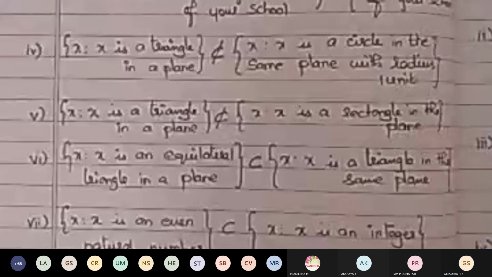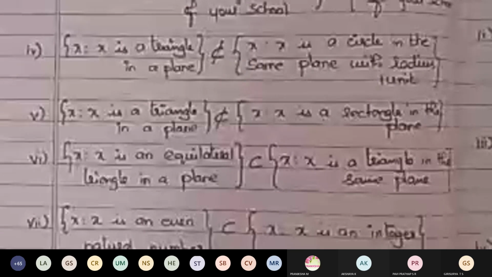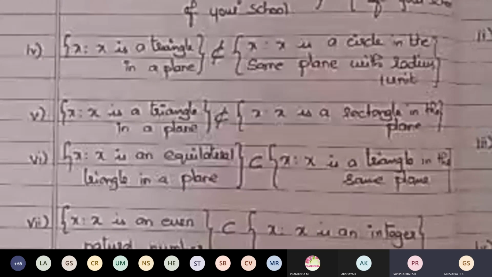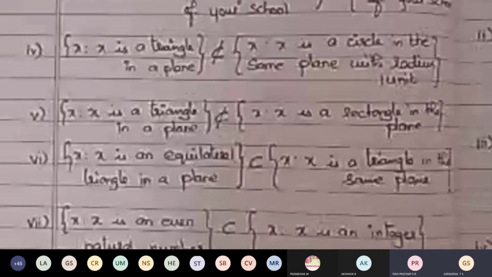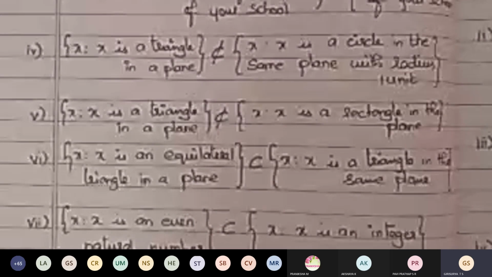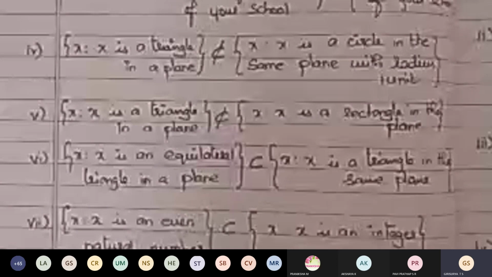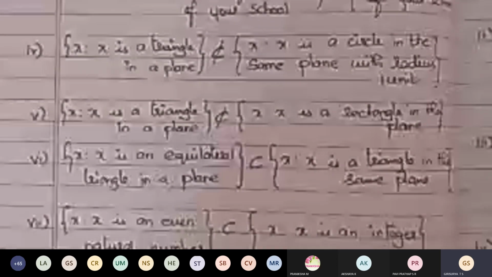Question number 4. What is given? If you read the question. X is a circle in the plane. And there, X is a circle in the same plane with radius 1 unit.